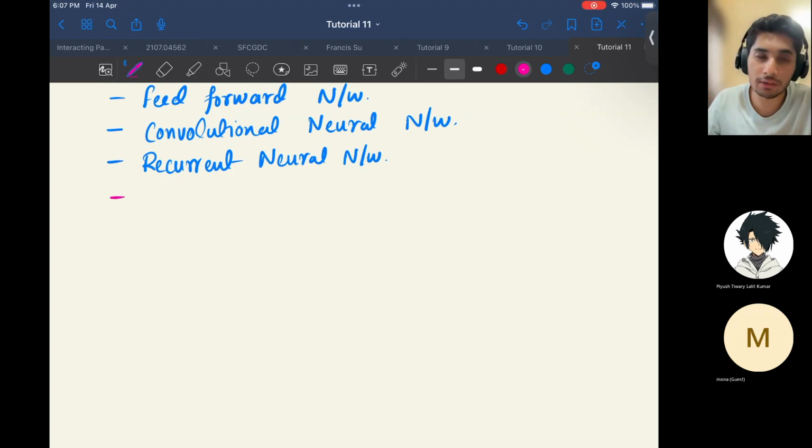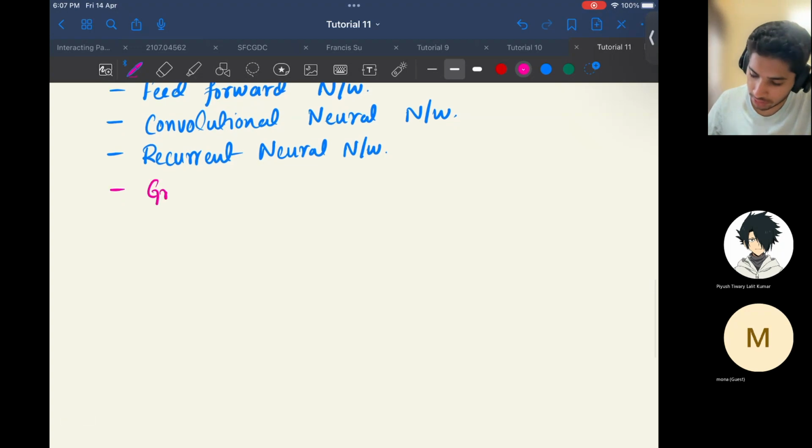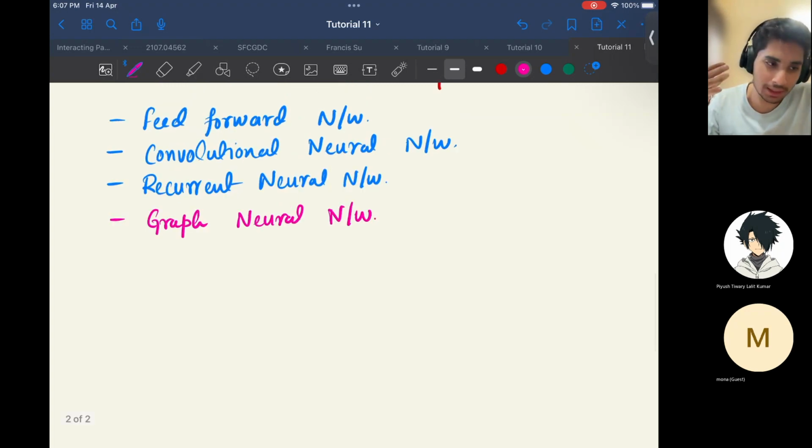So you can see that in some sense graphs are even tougher to deal with. But nowadays we have something called graph neural networks. Even in graph neural networks, all we do is define some loss, define some architecture, and use the loss to back propagate and update the parameters.